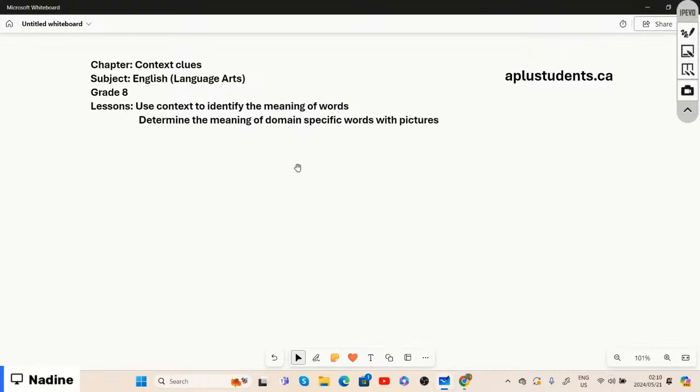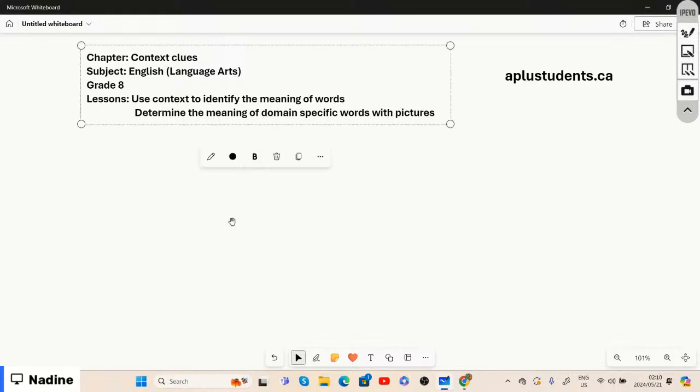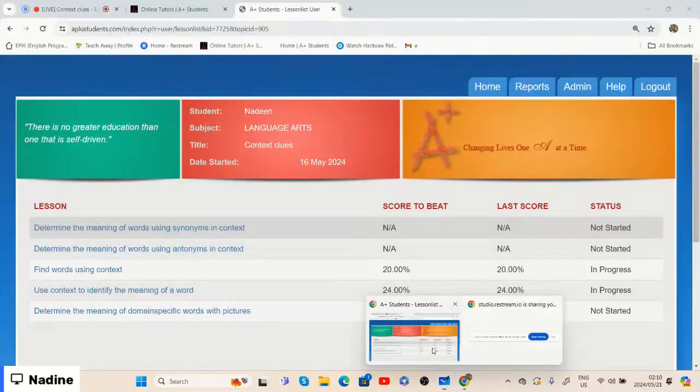And we are going to be doing our lesson on aplusstudents.ca. That is where we're going to be doing our tutorial lesson as well as our test.